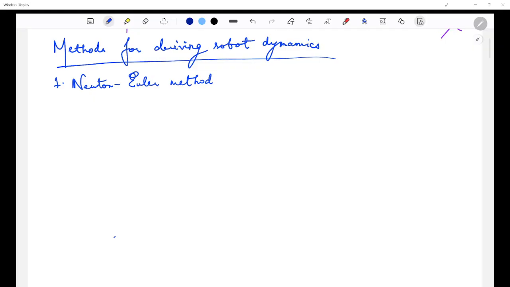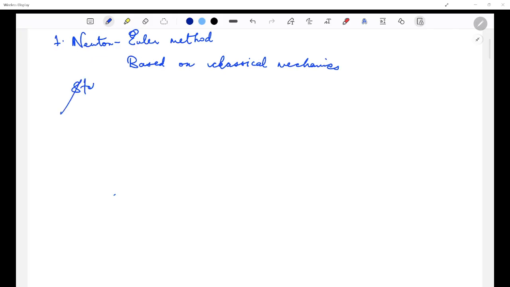Okay, so this is based on classical mechanics. What does this mean? What do we do in this? Can someone tell me the steps that we follow when we use the Newton-Euler method? Like steps or the equations, anything that you're aware of? The Newton-Euler method is the simplest method of all. Everything that you have been learning since class 9th actually comes into picture here.